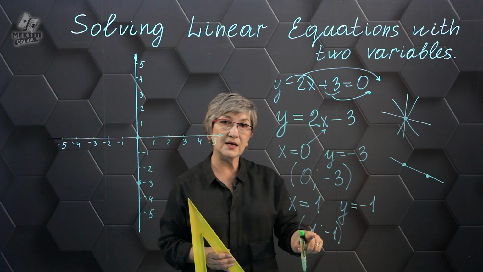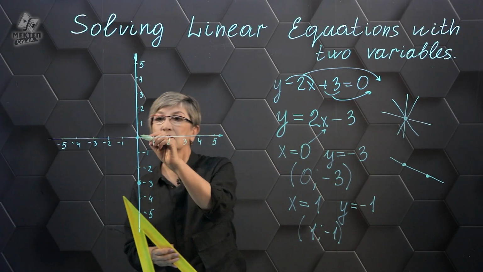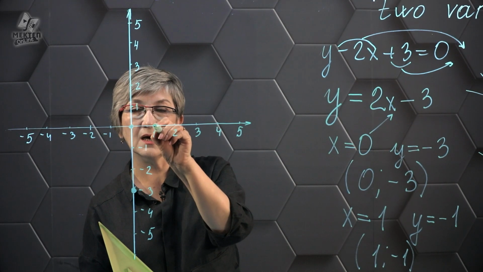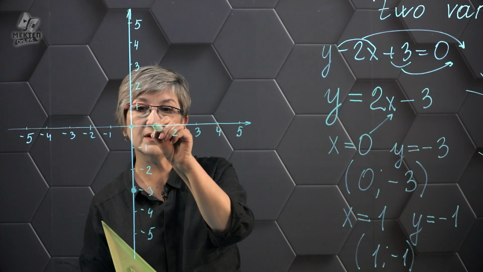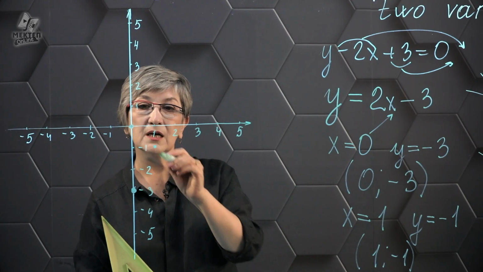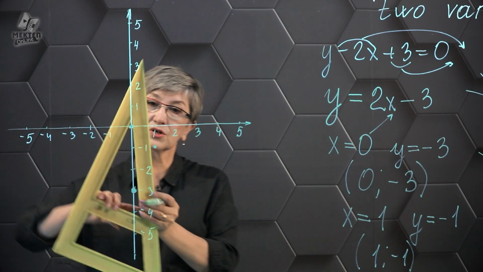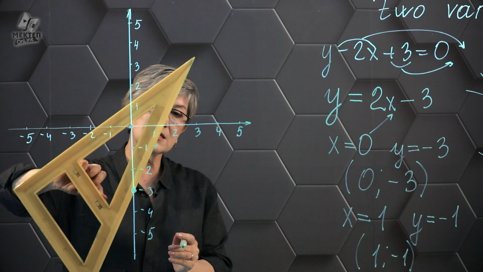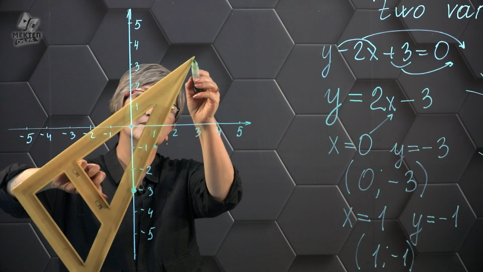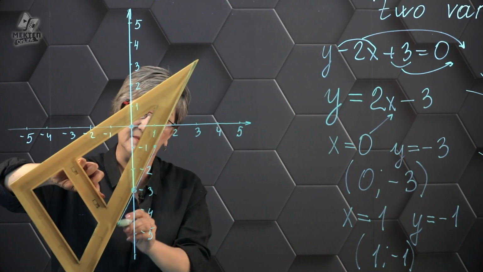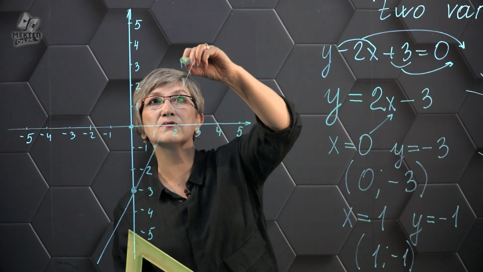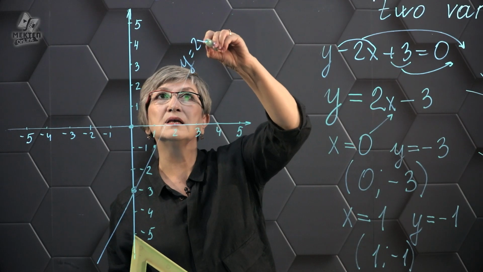And the second point is 1 and minus 1. 1 is on the x-axis: 1 step to the right and 1 step down. So I end up with 2 points. I'm going to draw a line through these 2 points. And I have the graph of the function y equals 2x minus 3.